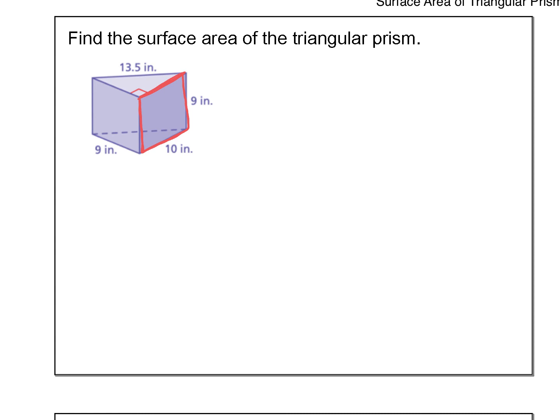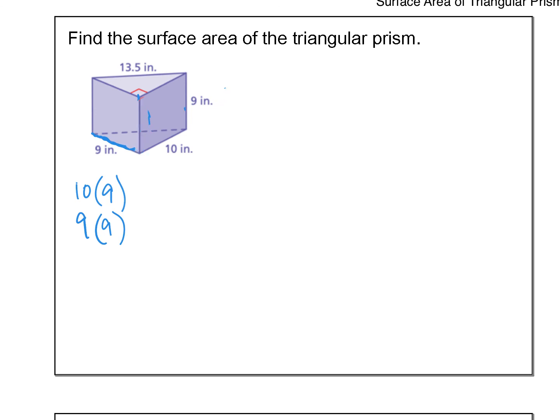It has a couple different measurements, but this line right here is 10, and this line right here is 9. So 10 times 9. All right, and then I've got my next rectangle, which is going to be here, so that's 9. And then this same guy, which we just saw, is also 9. So 9 times 9.